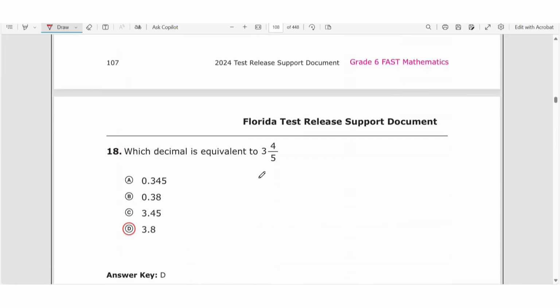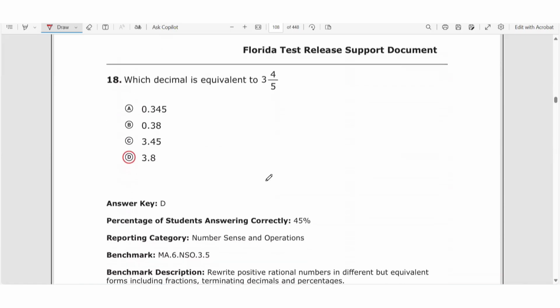All right, number 18. Number 18 says, which decimal is equivalent to 3 and 4/5? Well, basically what we could do is understand that 3 is a whole number, and we're going to try to work out this part, right? And there are many ways you can work this out, but 4/5 is 4 divided by 5.